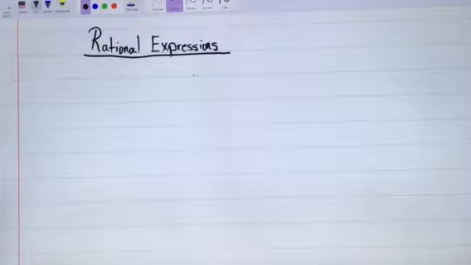Okay, for what we have regarding rational expressions, in this particular section, there is a term that is referred to as restricted value.